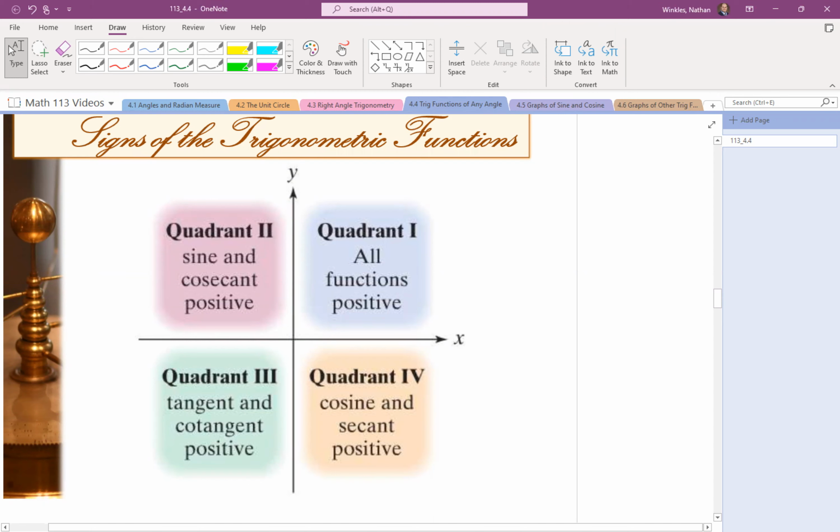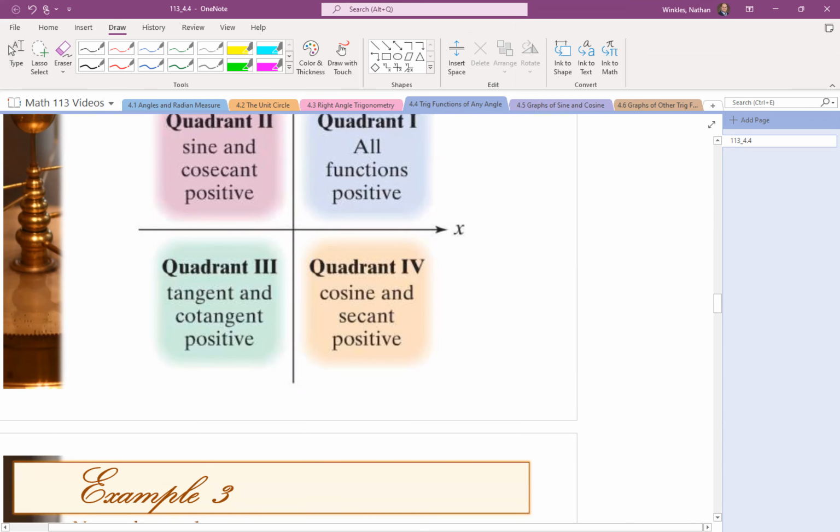For quadrant 2, since sine is positive, and sine goes with cosecant, cosecant is positive. Everything else is negative. For quadrant 3, the only two positives are tangent and cotangent, because our sine and cosine are both negative, which means secant and cosecant are both negative. In quadrant 4, cosine and secant, because they go together, are positive. Everything else is negative. So we just have to be aware of where we're at, and that gives us an idea of everything.